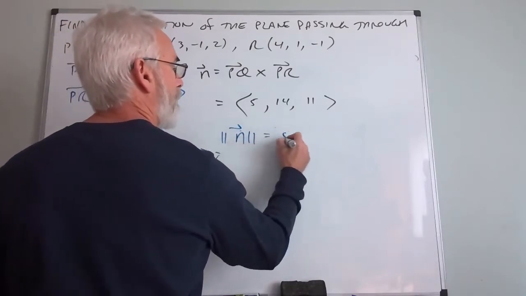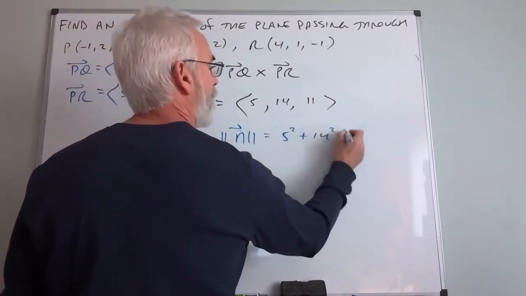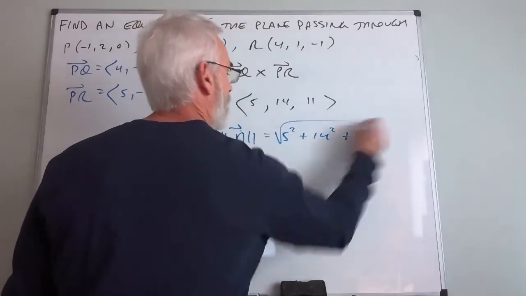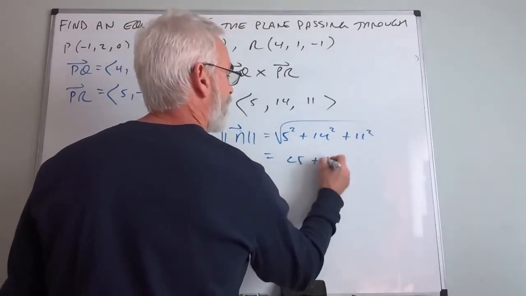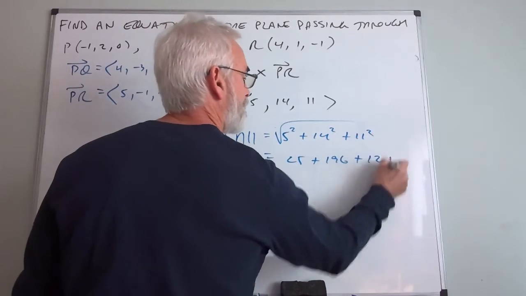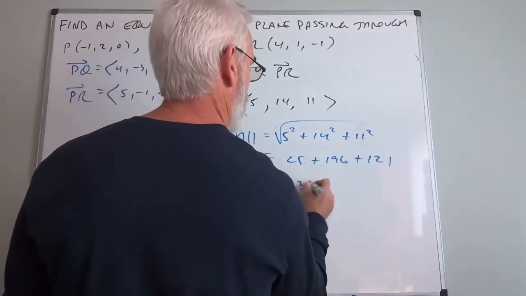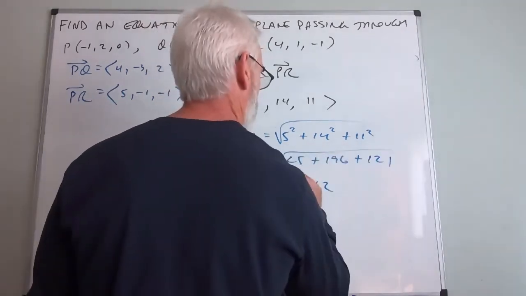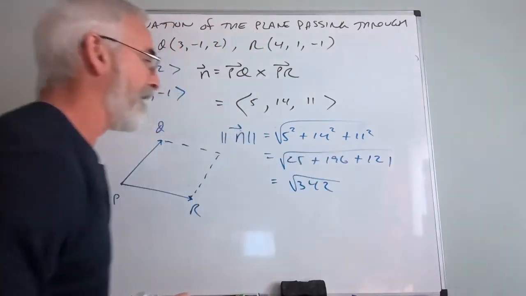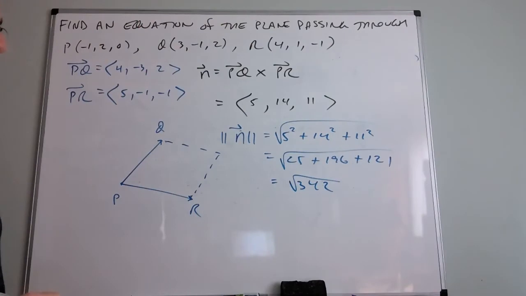That would be the square root of 5 squared plus 14 squared plus 11 squared. So that'd be what, 25 plus 196 plus 121. So what's that? 352 under the root, or excuse me, 342 under the root. Now, does that factor down?